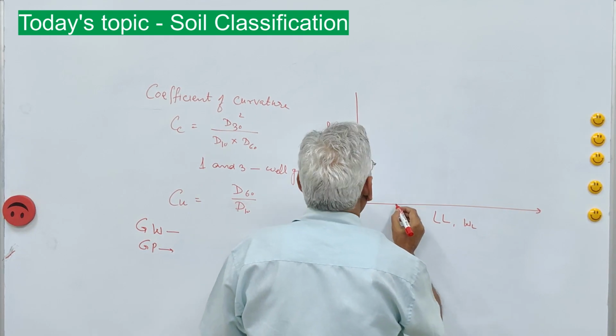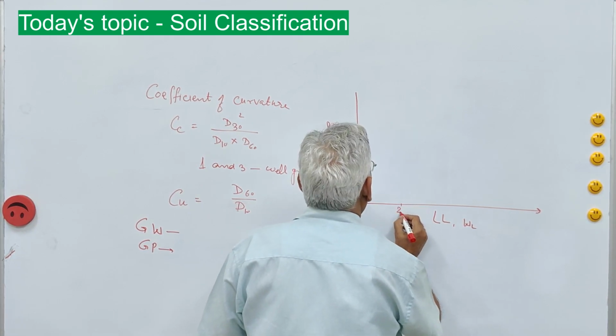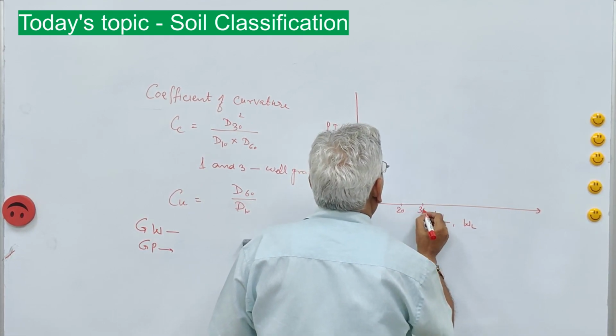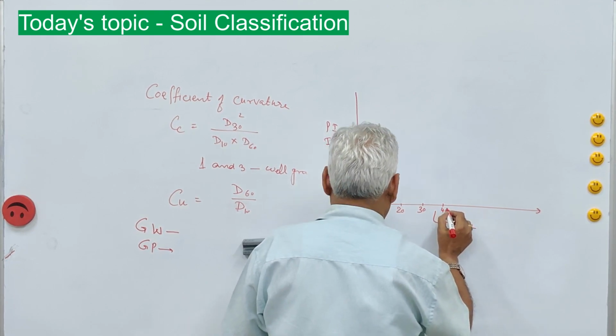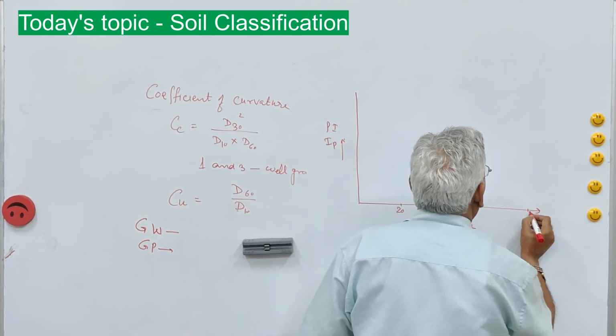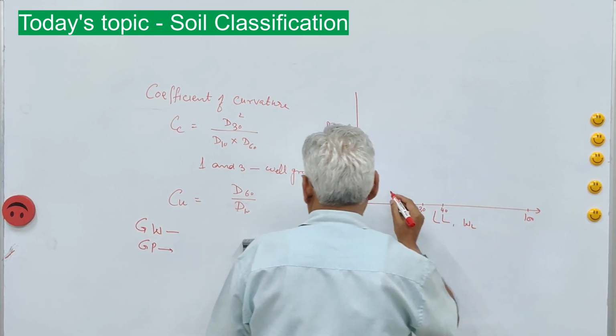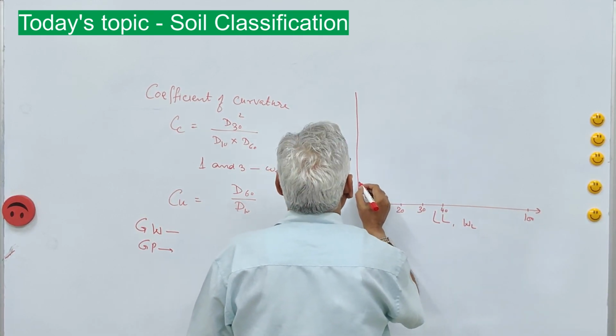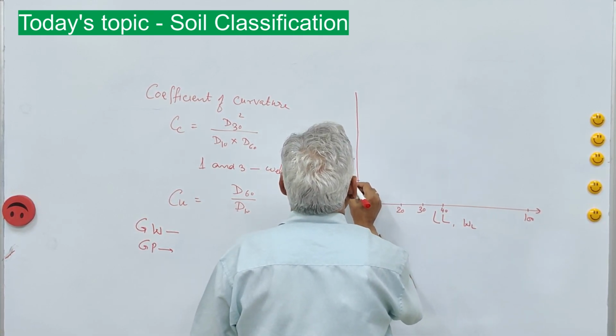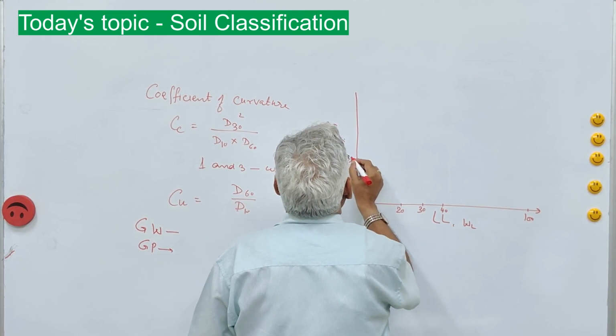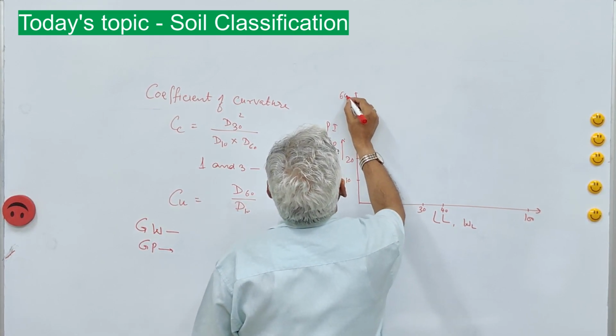And this, let us say, is 20, 30, 40 and up to 100 here. And this PI value is changing from, let us say, 10, 20 to 60.